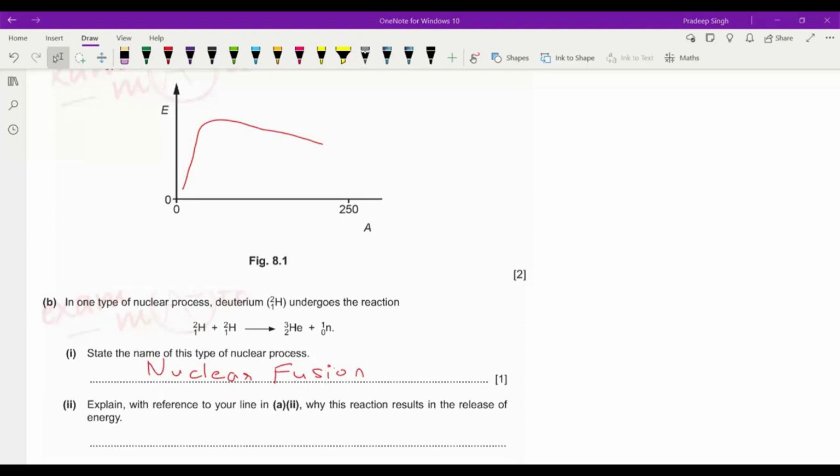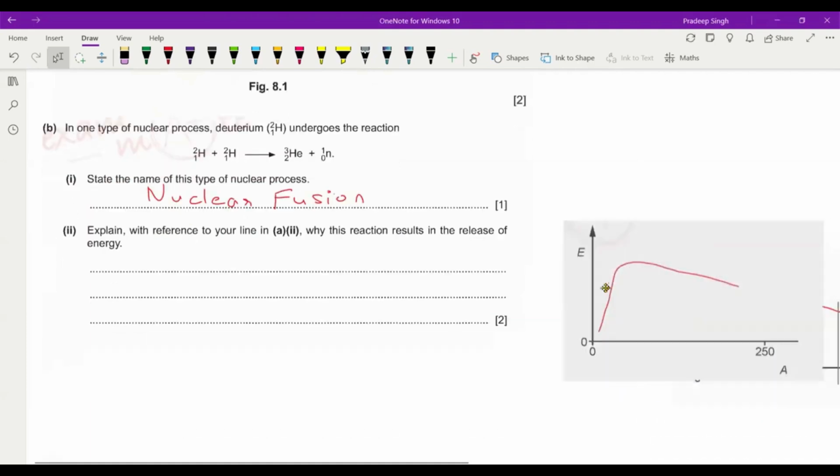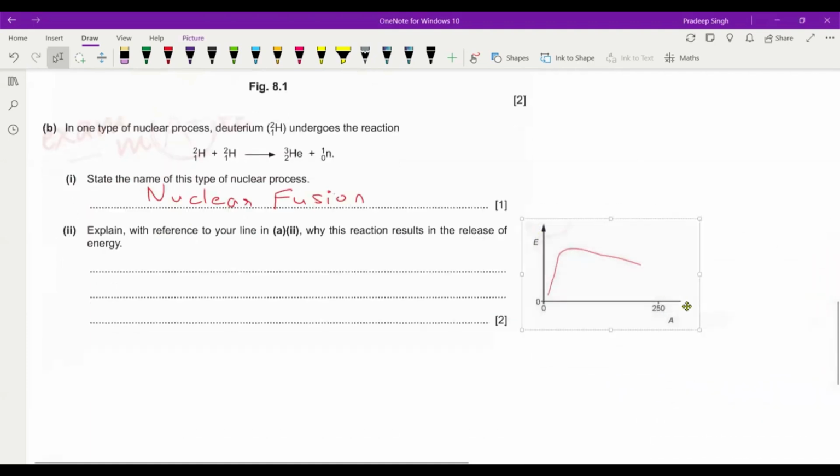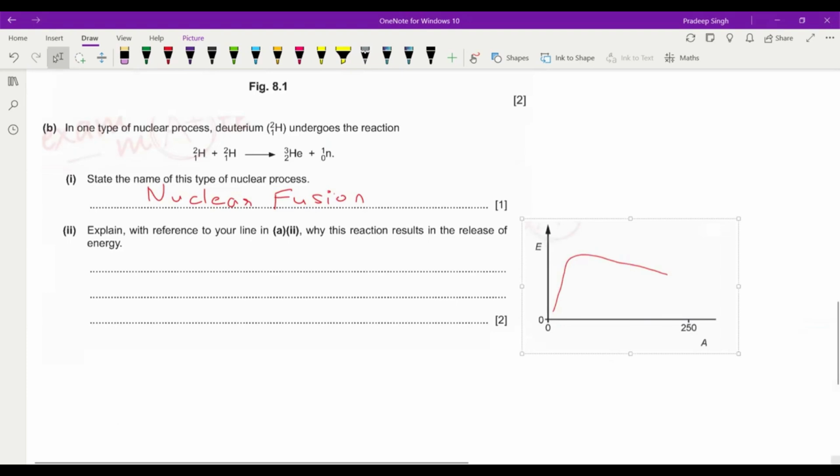True, but the question was with reference to the graph. So you need to relate it with this graph, the binding energy. How do we connect? Tell me. That's why I said the binding energy per nucleon increases. Correct, that is right.